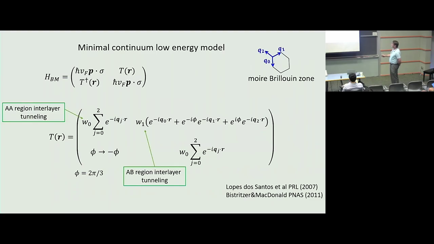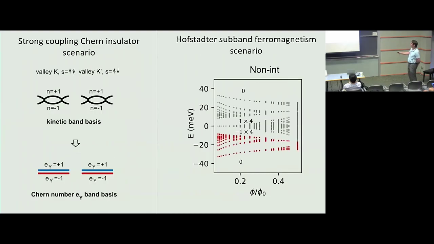The upper 2x2 block is the massless Dirac Hamiltonian, so is the lower 2x2 block, and then they are coupled by this tunneling matrix, which is spelled out over here with two parameters which specify the interlayer tunneling through the AA regions and the interlayer tunneling through the AB regions. And so now we can apply via a minimal substitution an external magnetic field to this Hamiltonian and then solve this in the Landau level basis. And that will give us pictures which look like this.